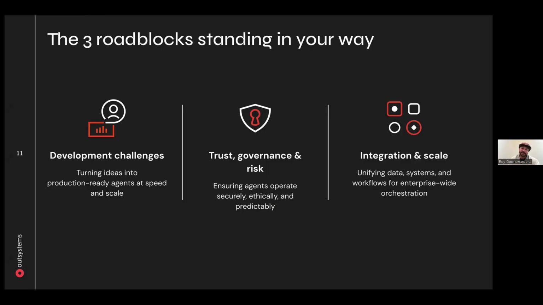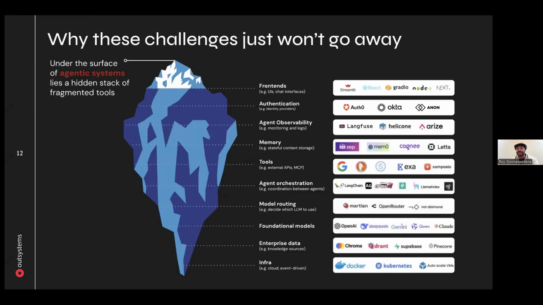So this is something that OutSystems has been very good at for the last 25 years. For us it is just another layer of generation, because the underlying aspect of what we have been delivering, we've been delivering for a long time.